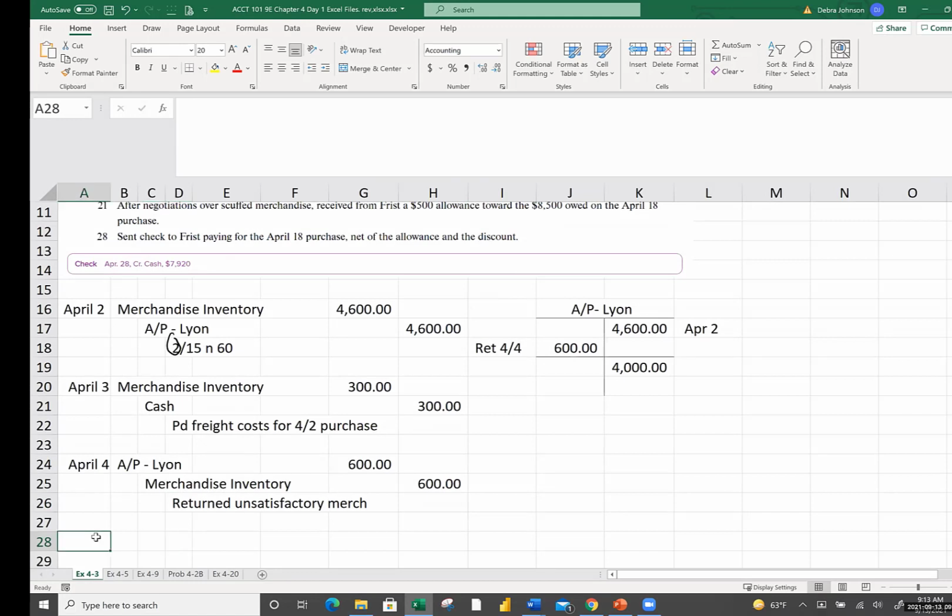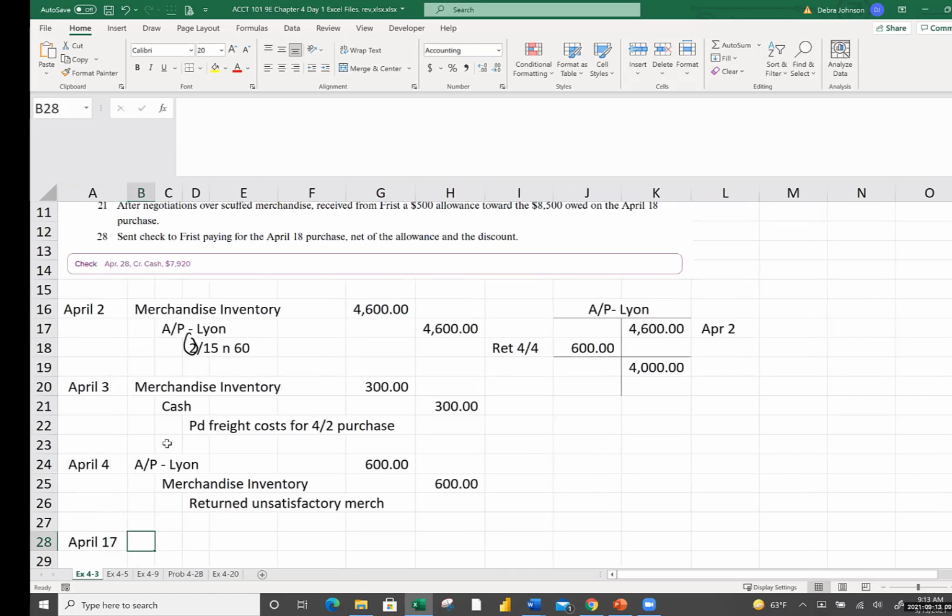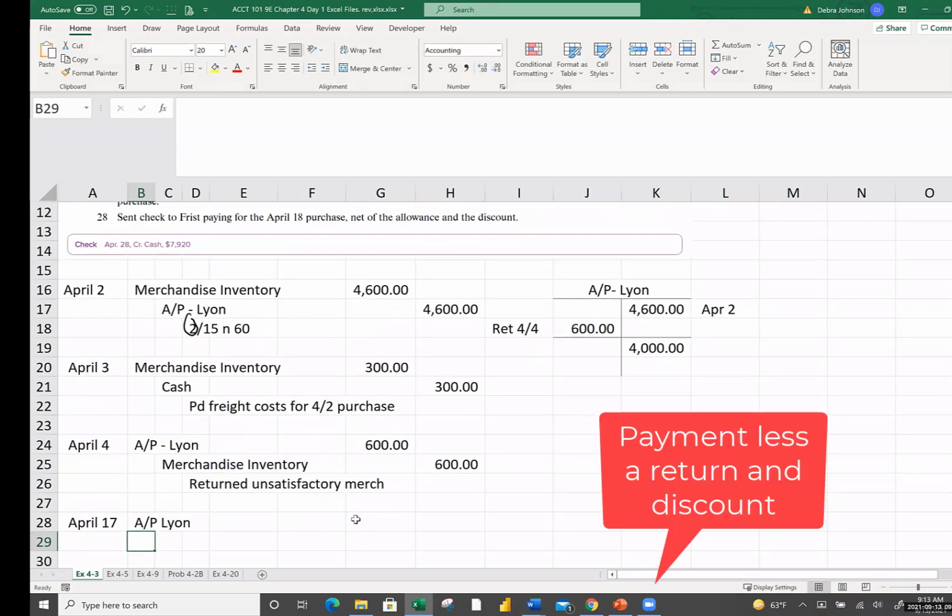And then when we pay this on the 17th, here's what's going to happen. Our debt for accounts payable is going to go down. Okay, we're looking at that T account. I'm going to take out the whole $4,000 because I don't owe Lion any more money.